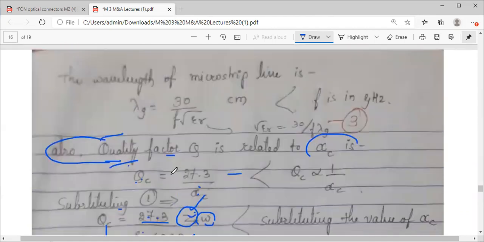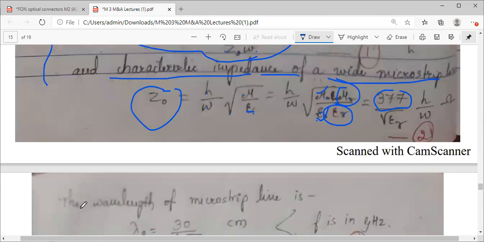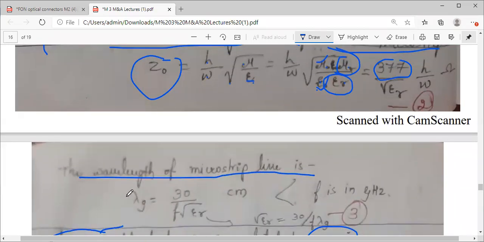What I will do is take the reference of a wavelength equation. The guided wavelength lambda G is equal to, from the basics of waveguides, lambda G is equal to 30 divided by F into root of epsilon r. This is the guide wavelength, lambda G. From this equation, I will get what is root of epsilon r.